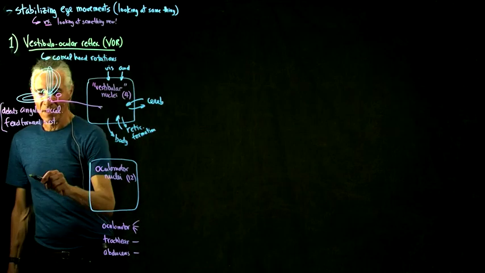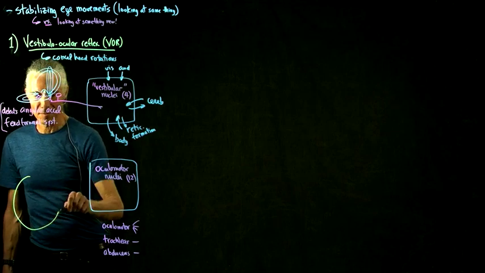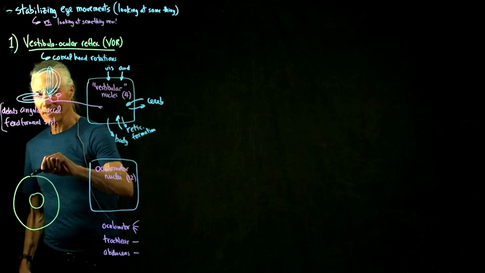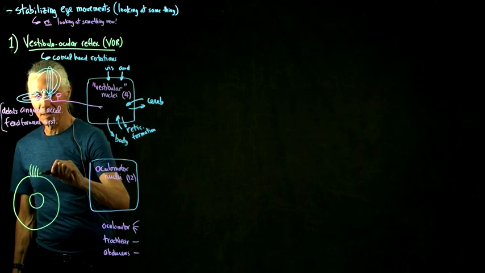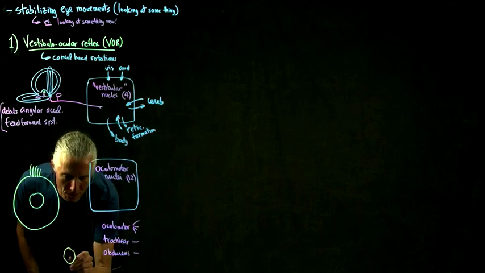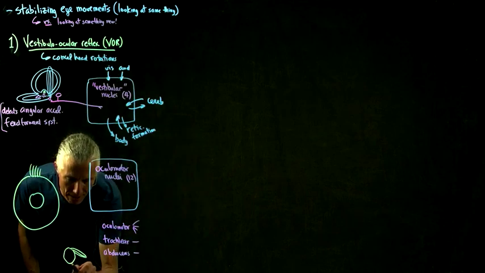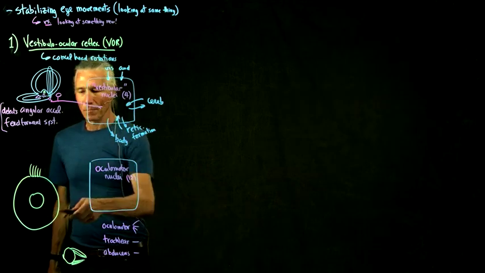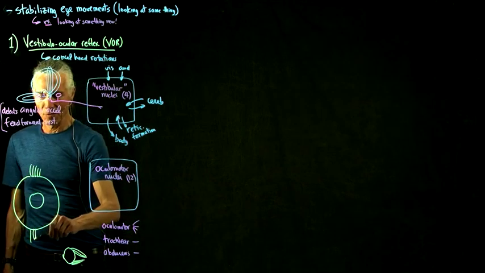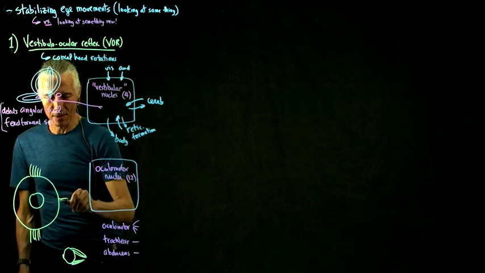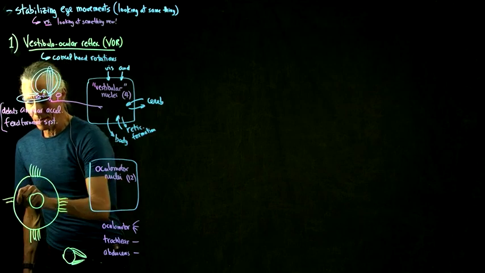So if we draw an eyeball here, an eyeball looking out at you, you basically have some muscles on the top of the eyeball. They're quite long. If you look at it from the side, they stick out in the little space behind the eye. You've got 2 muscles that pull the eye up and down, and 2 muscles that pull the eye left and right.